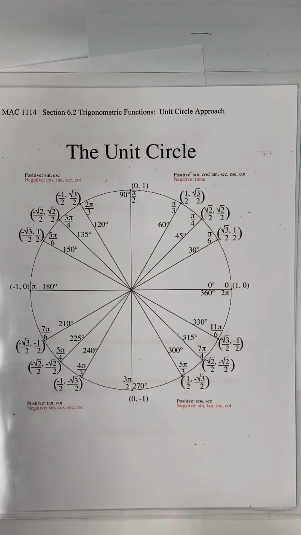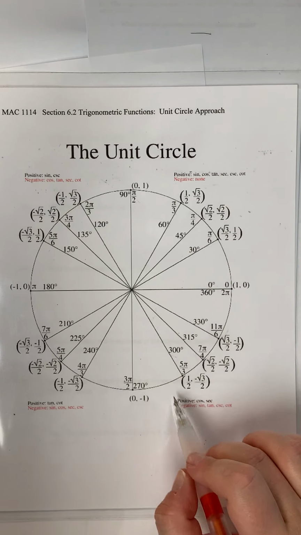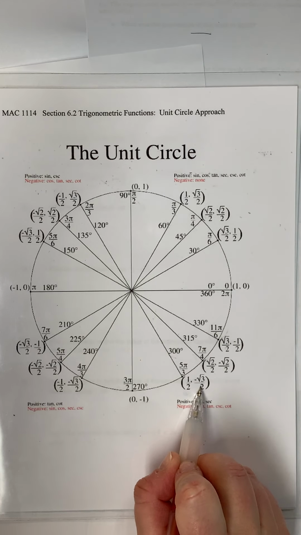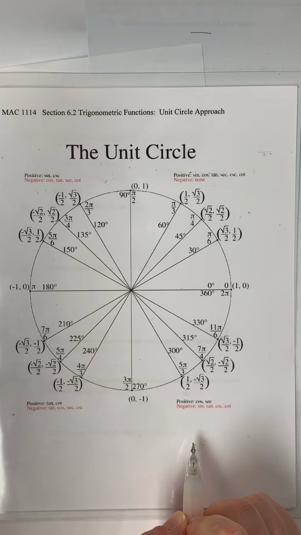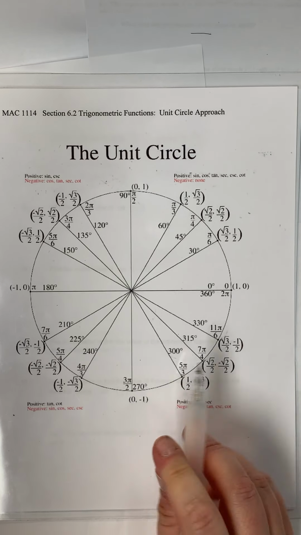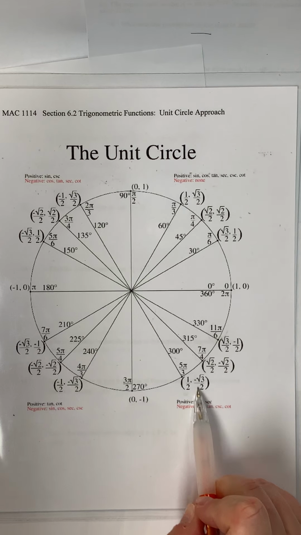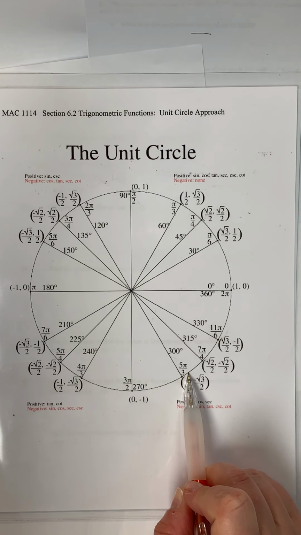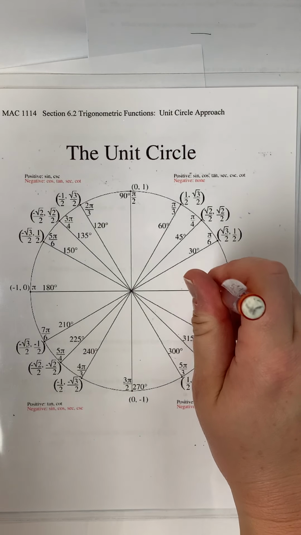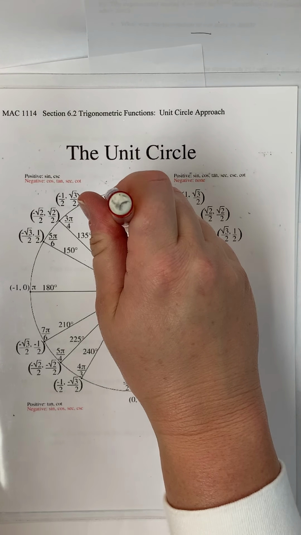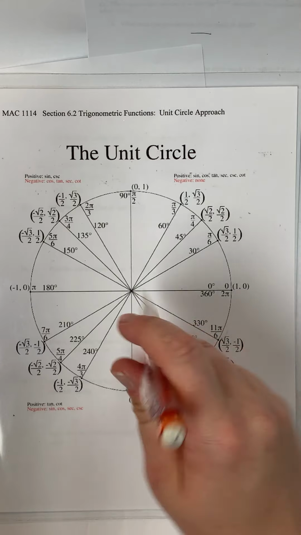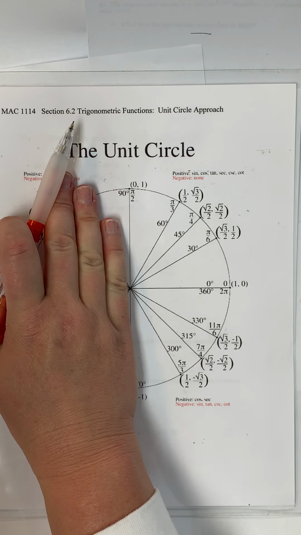So negative root of 3 over 2 down here for sine is right here, 5 pi over 3. Now there's a problem, okay? Remember, this is great. This is exactly what I'm looking for, but I cannot write 5 pi over 3 because in order to get 5 pi over 3, I had to go through quadrants 2 and 3, and I'm not allowed over here. Remember, hot lava.